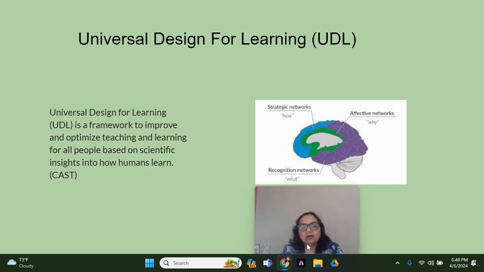CAST is an organization which provides the guidelines of Universal Design for Learning, and it is adopted from architecture. There are three brain networks: the affective network, the recognition network, and the strategic network. Why, what, and how. It is based on brain-based learning.